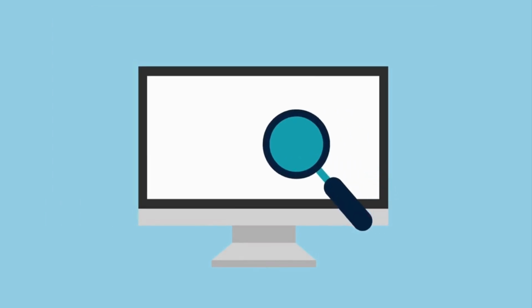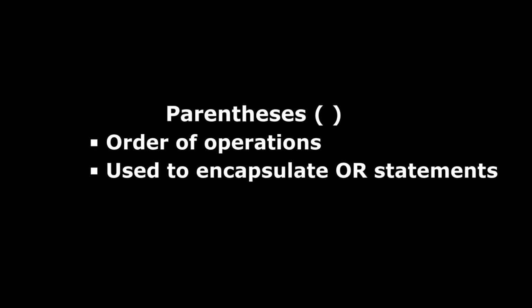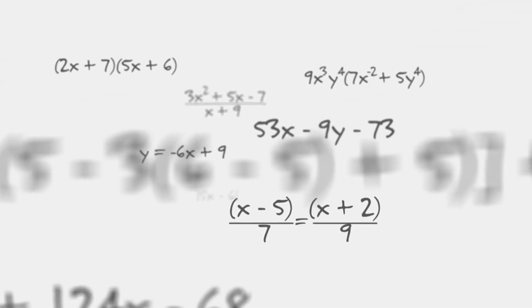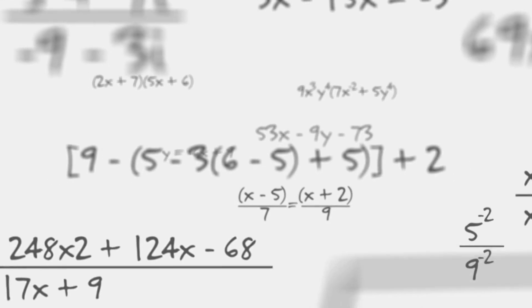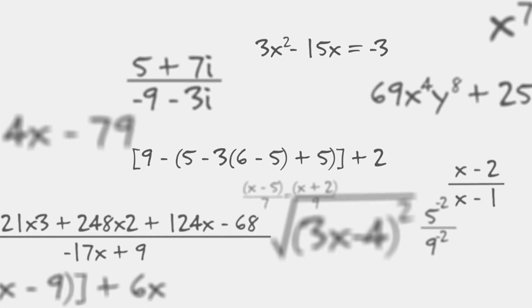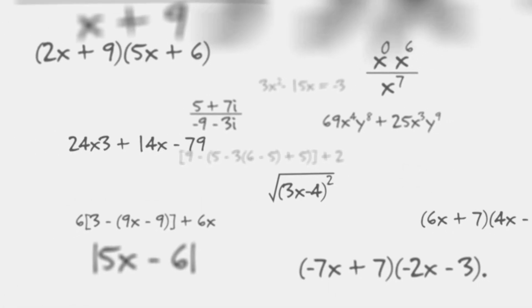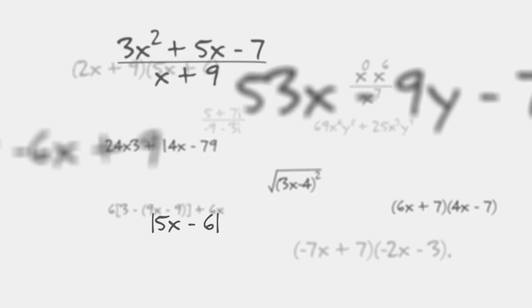Our next modifier are the parentheses, and these are used to group search terms and clarify the order of operations in complex Boolean searches. Think of it like math. Just like a math problem, parentheses will tell the database which parts of your search to process first.